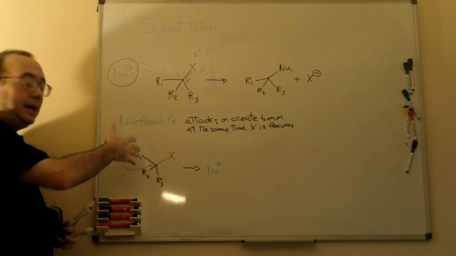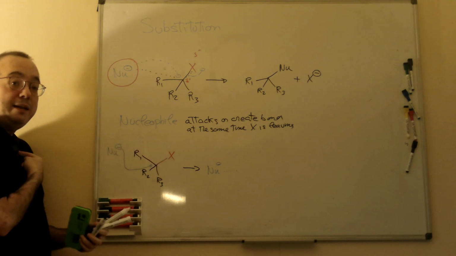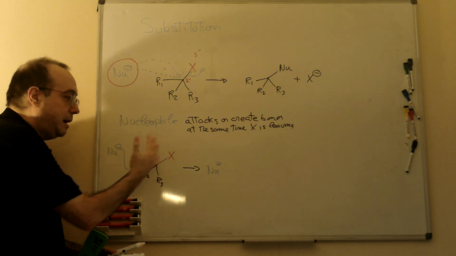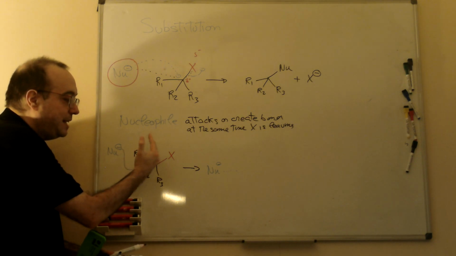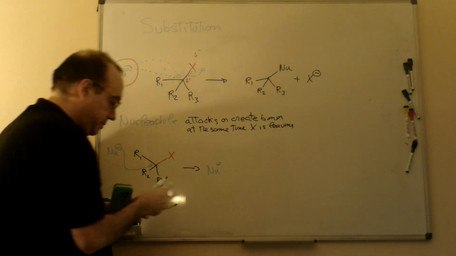This is like an umbrella. Basically, the three substituents are in my direction, but because the nucleophile is coming from here, they are taking a planarity. This becomes planar, and then we will do an inversion of the configuration.